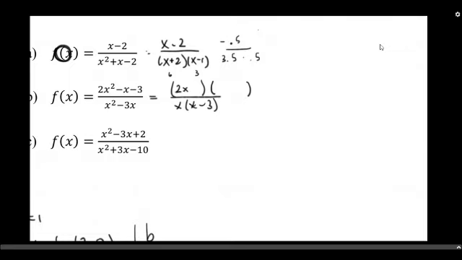So I'll need a 2x and an x, and I'm going to have a, let's see, like a minus 3 here, and a plus 1 there. Will that do it? Yeah, that'll do it.